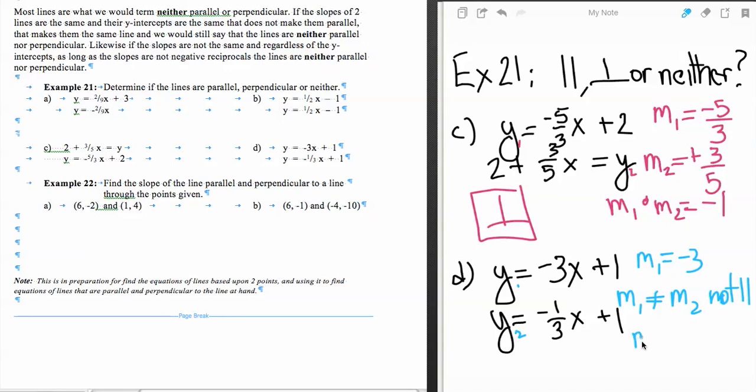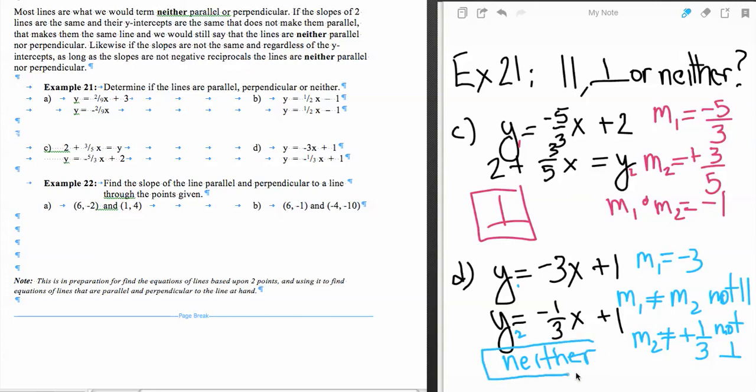Well, M2 would have to be the opposite of M1, so it would have to be positive, and it would have to be the reciprocal of that, and I see that that's not the case, and therefore they're not perpendicular either. And if they're not parallel and they're not perpendicular, then they must be again neither on these.